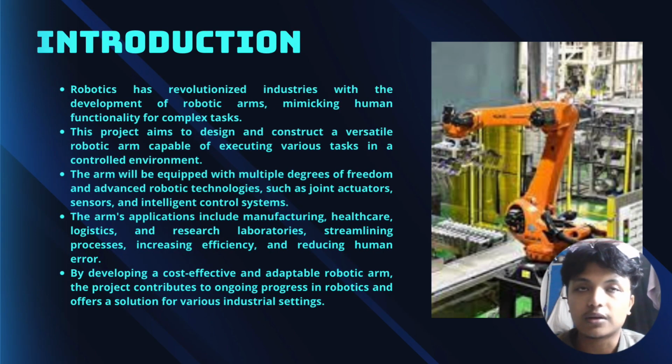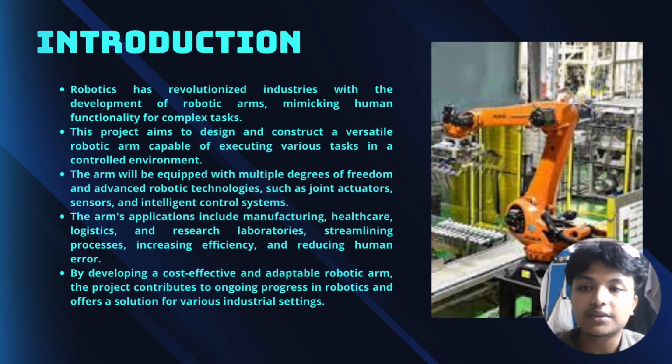As for the introduction of the robotic arm, a robotic arm is a mechanical device designed to mimic the movement and functionality of a human arm. It is typically composed of a series of connected segments, joints, and effectors that work together to perform various tasks.